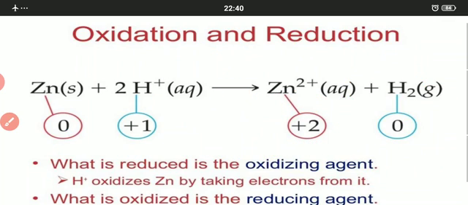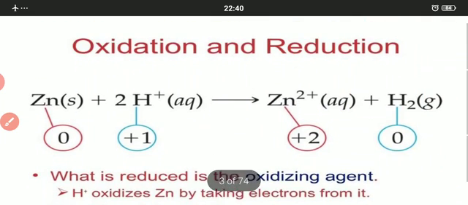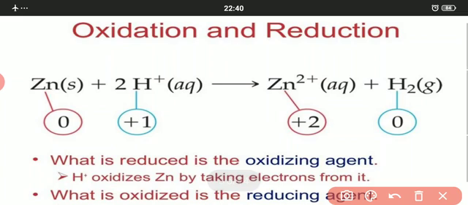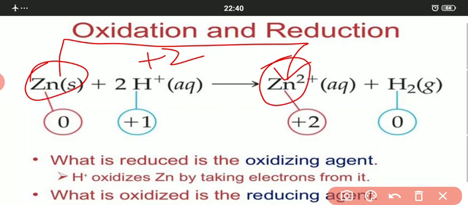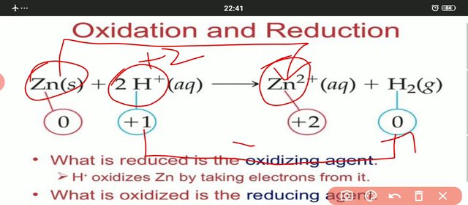Now see here, zinc plus 2H plus gives Zn plus 2 plus H2. Here the oxidation state of zinc increases from 0 to plus 2. So here zinc is oxidized. From definition, the oxidation state of hydrogen reduced from plus 1 to 0.